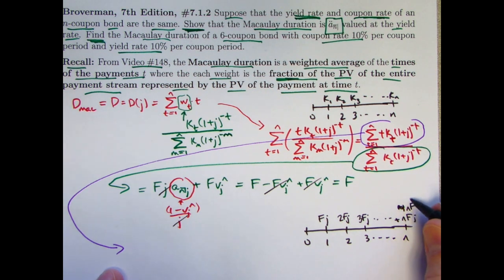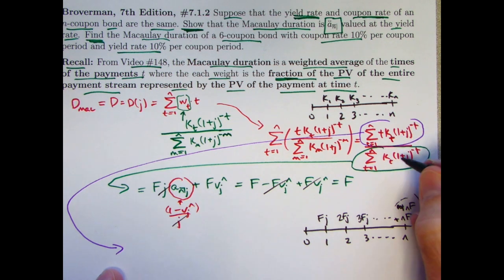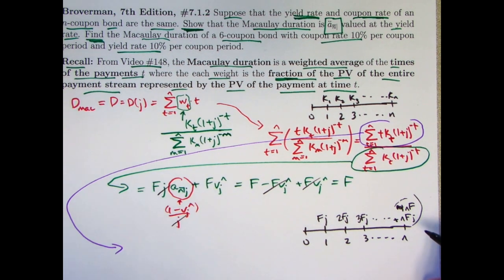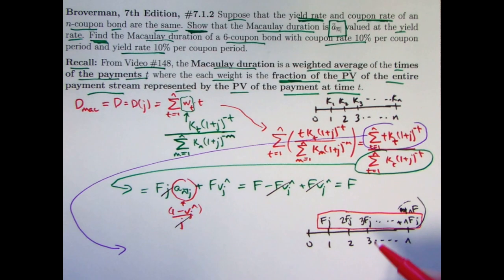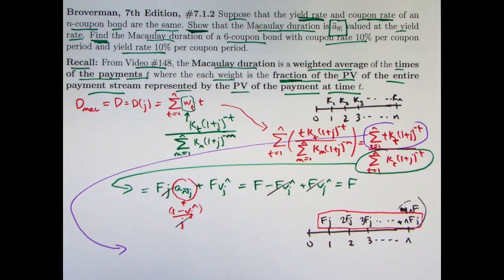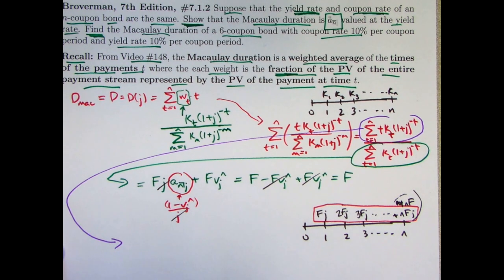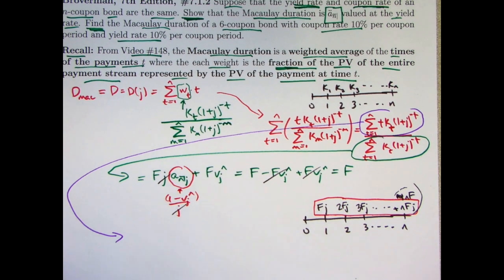That represents the last one, because Kn is f plus f times j. But I wrote it this way to highlight that this part of this imaginary annuity that I'm just imagining to help me simplify this formula is f times j times your basic increasing annuity.